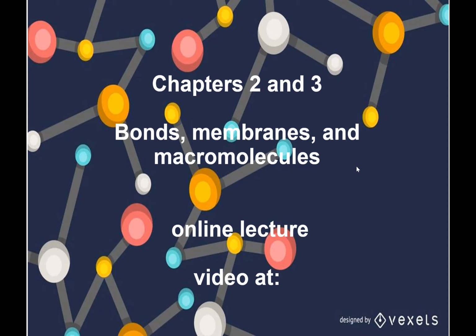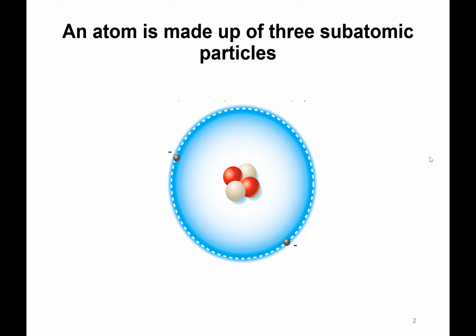So just to get you thinking back about molecules, remember molecules are made of atoms. So you might have a carbon atom or a hydrogen atom or an oxygen atom. And all of these atoms are made up of 3 subatomic particles, which are your electrons out here, E minus because they have a negative charge.